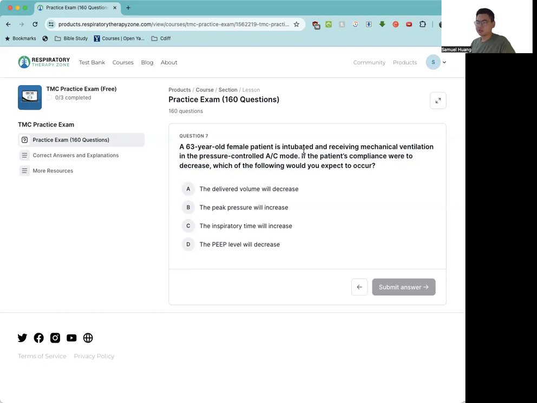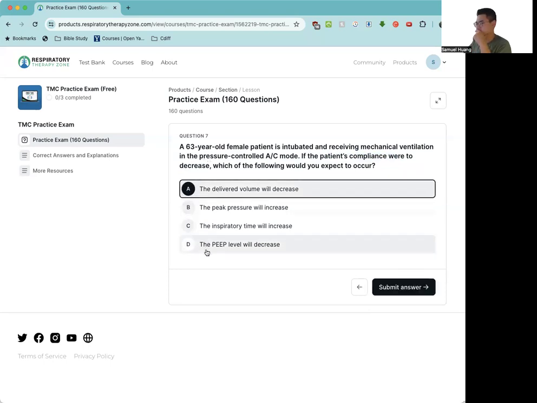This all stems from the fact that compliance equals volume over pressure. If you're controlling pressure, pressure is not going to change. It's going to be a constant. That means volume is going to be the problem. So if the compliance decreases in pressure control, the tidal volume will decrease.